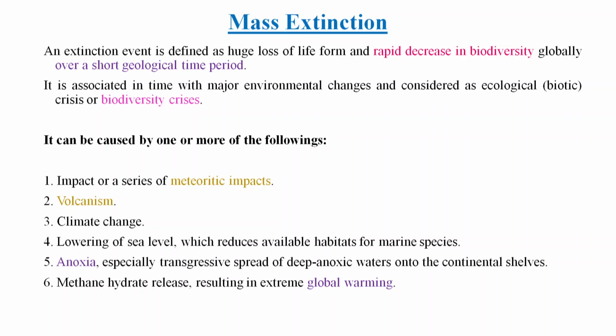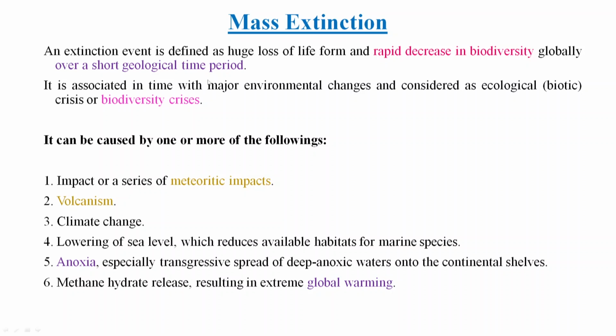So that zone is getting marked by this kind of huge loss of biodiversity. It is generally associated in time with major environmental changes and considered an ecological crisis or biodiversity crisis.